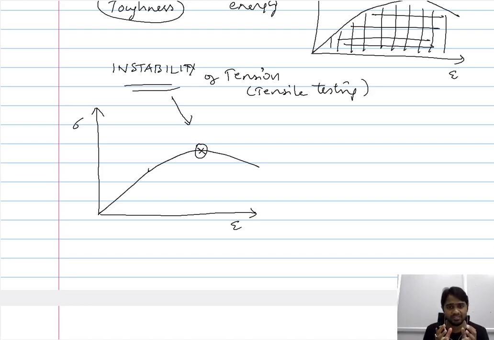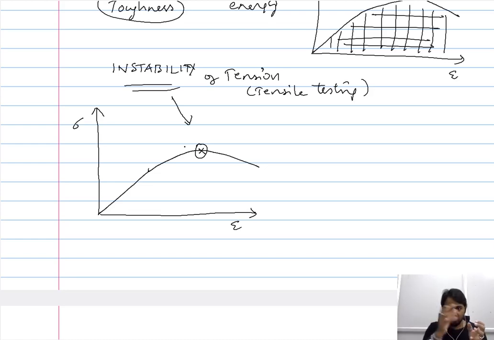So what causes this instability is that in this region we have strain hardening. We saw in the context of the dislocation, when you increase the stress that you impose on the material, there is an increase in the dislocations. The dislocations multiply, and once they multiply, their movement is rather restricted, and therefore you need to increase the amount of stress in order to increase the plastic strain.